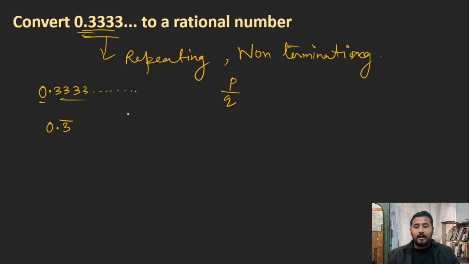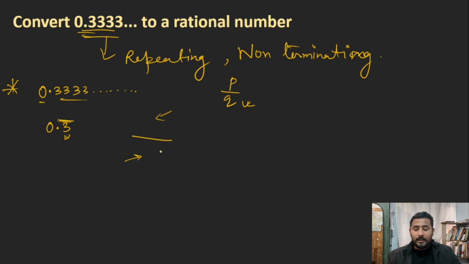Okay, now very important. Remember how we'll convert directly. First of all, you have to see how many numbers are inside the bar. We have to express it in the form p by q, so we have to give something in the denominator and something in the numerator. Always remember how many digits are inside this bar. I can see only 1.